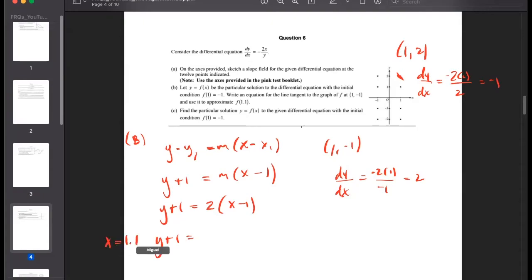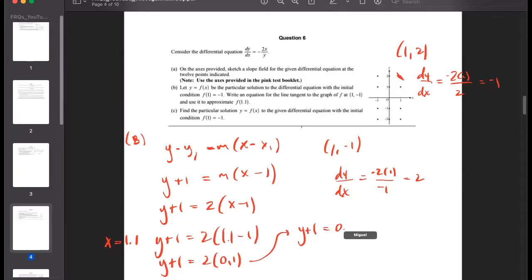So you get y plus 1 is equal to 2 times 1.1 minus 1. I believe this is a non-calculator portion, but we can easily work this out. This is going to be y plus 1 is equal to 2 times 0.1. So y plus 1 is equal to 0.2. Subtract the 1 to the other side, and we get y is equal to negative 0.8.